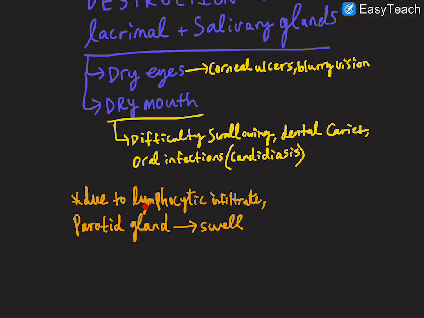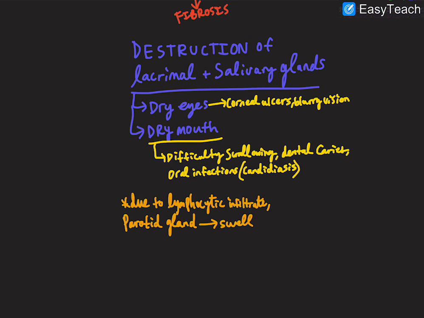So due to the lymphocytic infiltrate, all these T cells infiltrating your salivary glands, lacrimal glands, and your parotid gland, which is also a salivary gland, due to the inflammation, the parotid gland can start to swell. So you may see swelling of your parotid glands. Okay, so those are the main glandular manifestations of Sjogren syndrome.